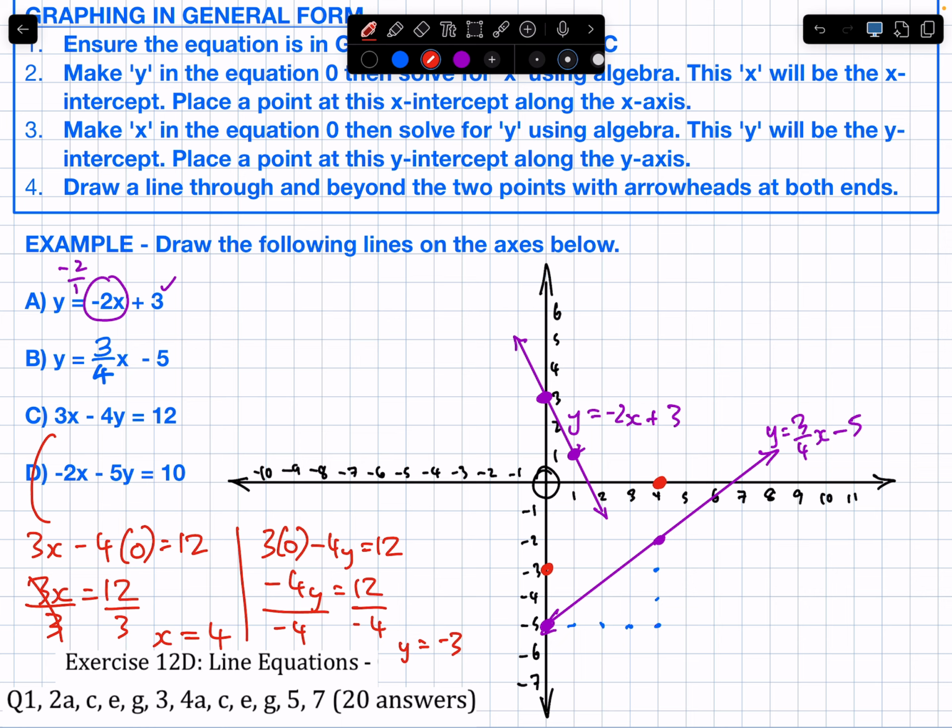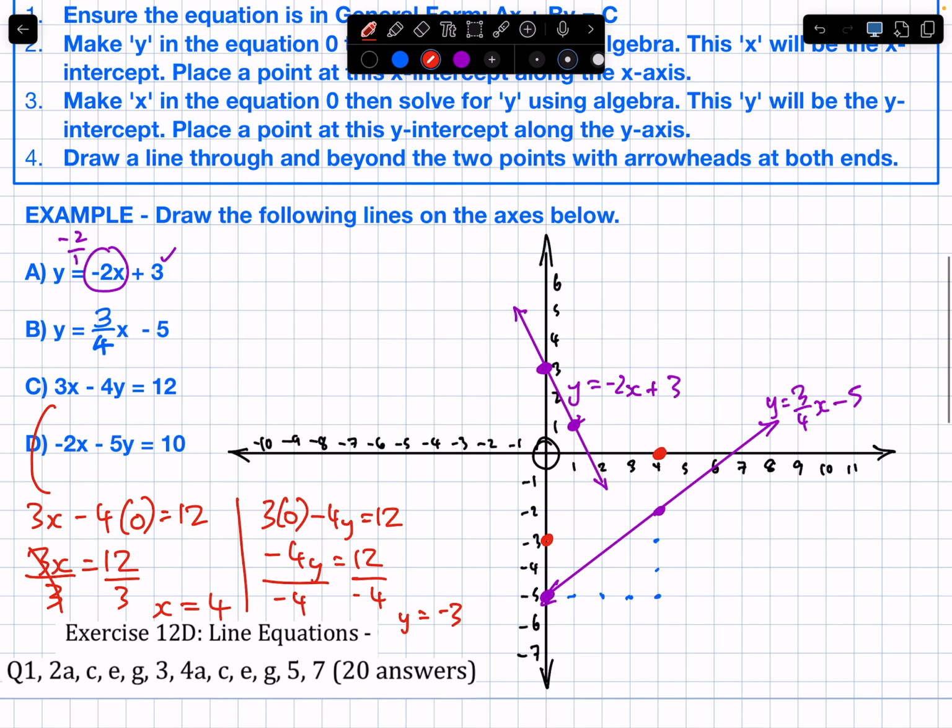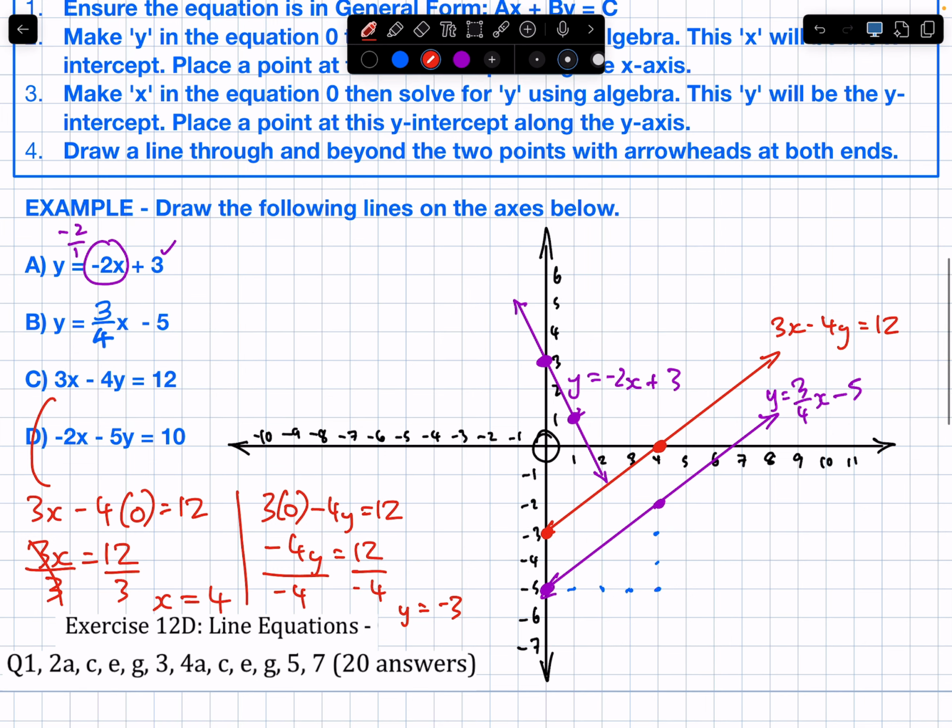So I have 2 dots now. One at x is 4. Y is equal to negative 3. I can draw a line between those. This one was 3x take 4y equals 12. So you can see drawing in general form, you need to have a little space on the side to do some maths.